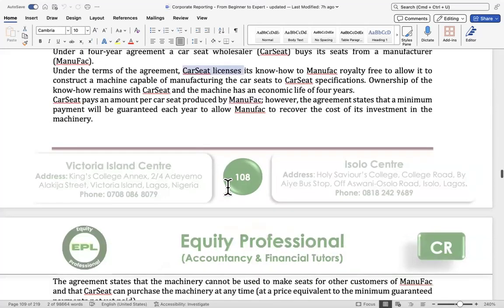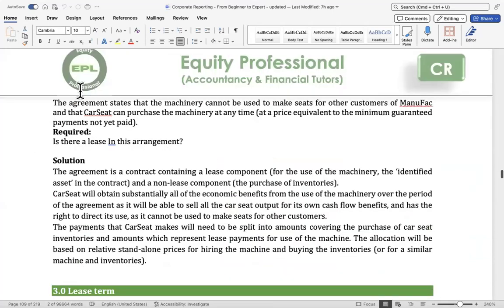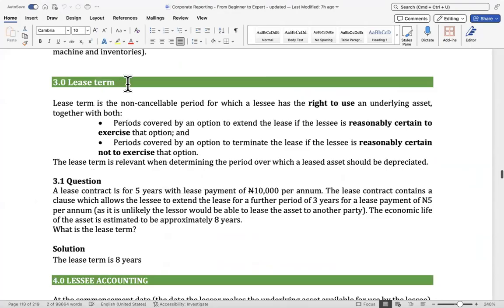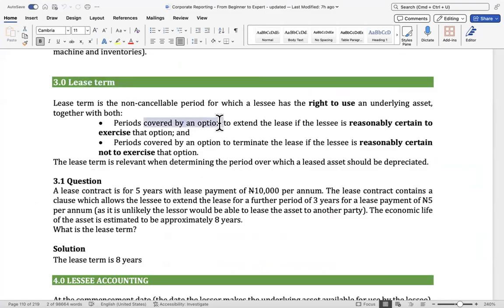So we looked at that and we learned about lease term, which is the period over which the lessee has the right to use the asset, but it can be extended. And this extension is only possible if the lessee is reasonably certain to exercise that option. So if the lessee is sure that he will exercise, then fine. You're going to consider that extension as part of the lease term.